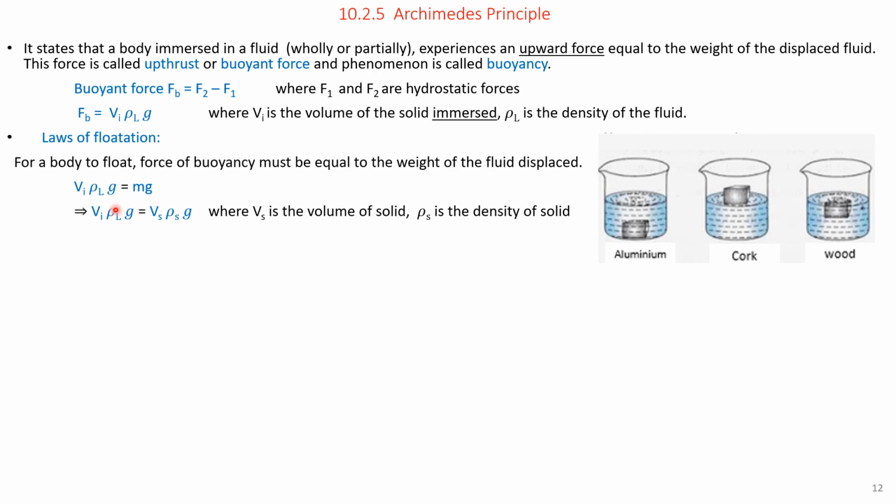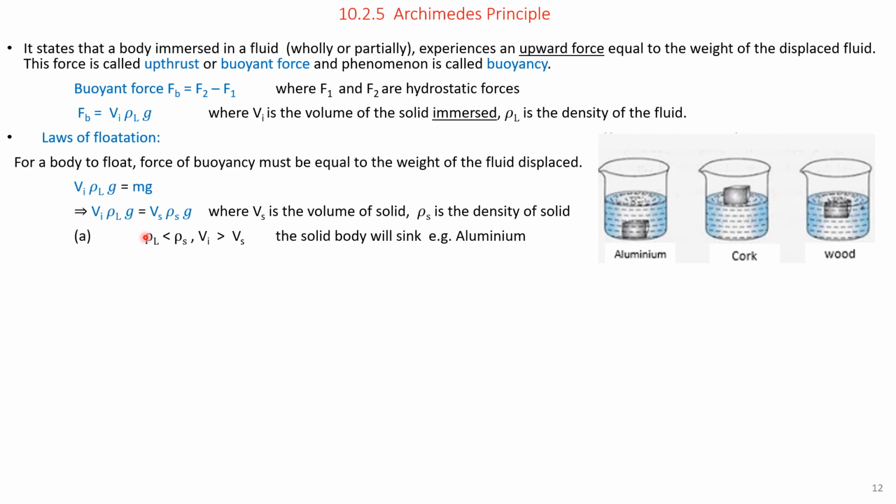Therefore, Vi rho L g is equal to Vs rho s g, where Vs is the volume of the solid and rho s is the density of the solid. The right hand side is without immersion, the left hand side is after immersion.